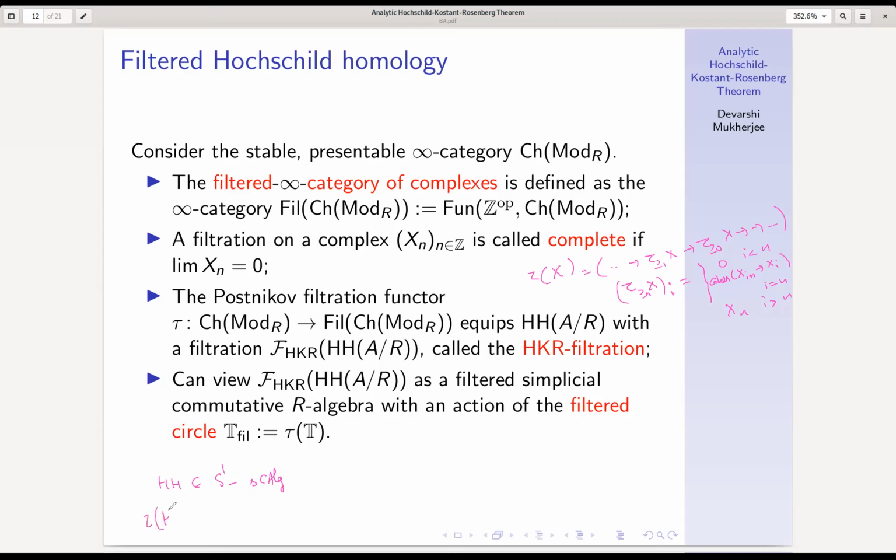But this tau of HH is now sitting inside this linearized circle, because we don't want to view this as BS^1 acting on commutative algebras, but rather this linearized version.